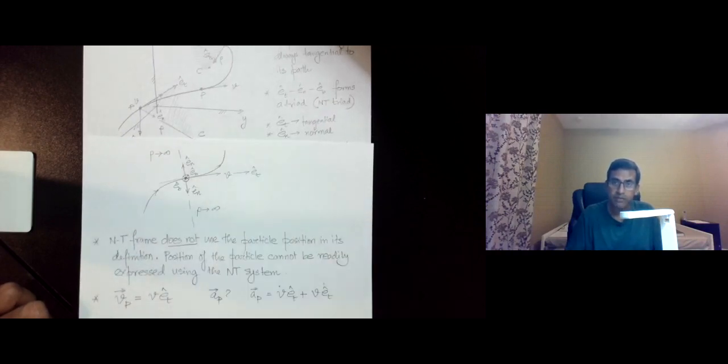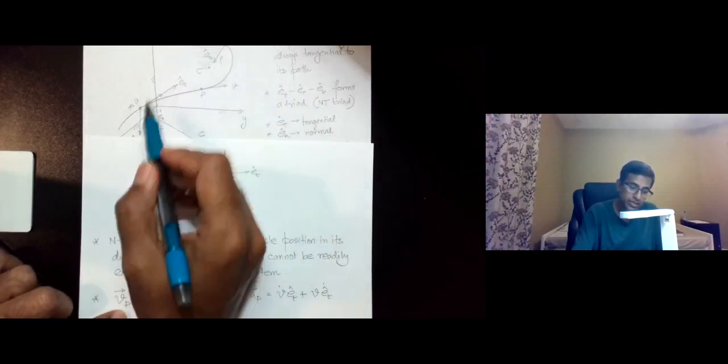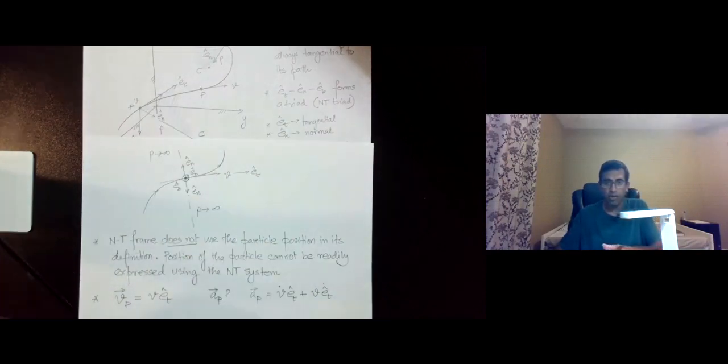Note that this NT coordinate frame is indeed a rotating coordinate frame, because as the particle goes along a trajectory, you can see that the orientation of the NT frame changes as the particle takes different points along a trajectory, a three-dimensional trajectory. The NT coordinate frame changes its orientation.